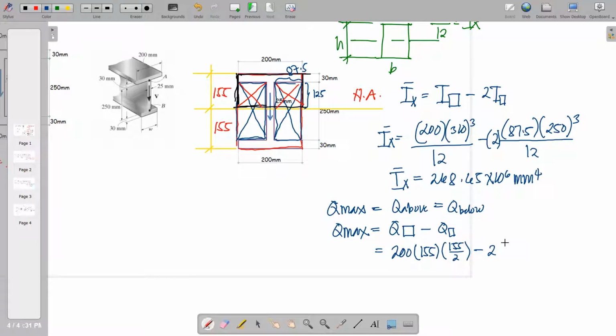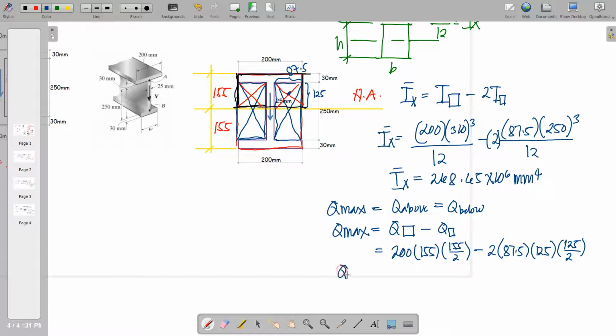Okay, so by that, you can now have 87.5 by 125, wherein both has a distance of each centroid from the neutral axis with 125 all over 2.